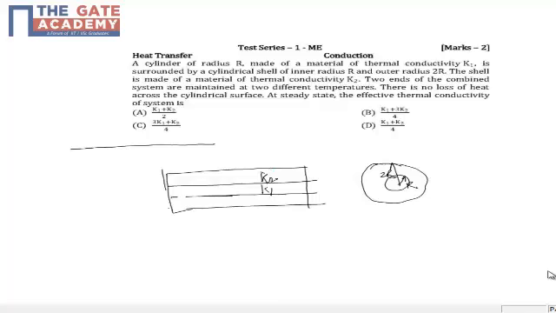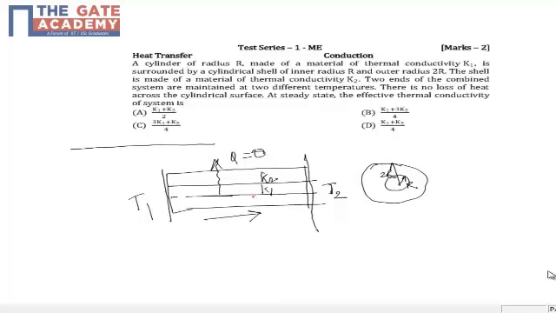So you have this face maintained at T1, and this face maintained at T2, and there is no loss of heat across. So in this direction heat is not there. Heat flows only in this direction. In this direction it is not allowed.